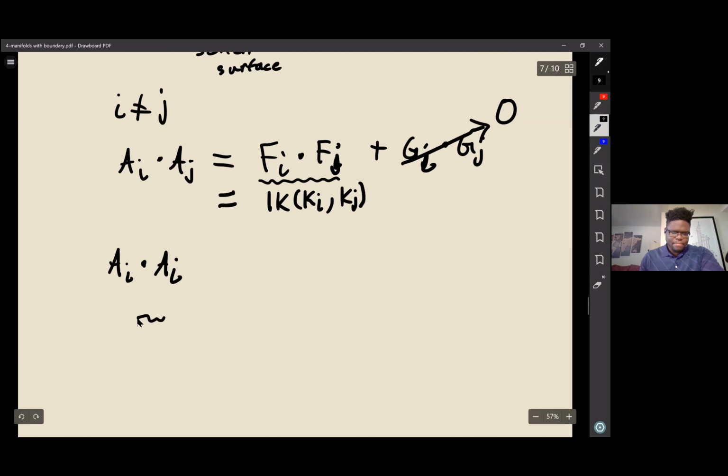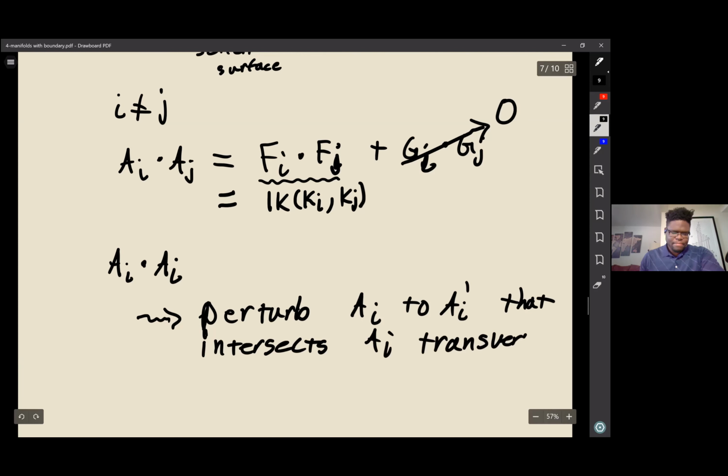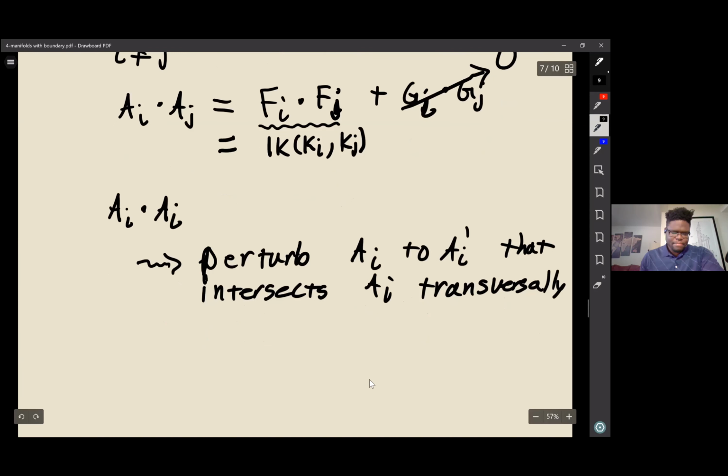So what we need to do is perturb A_i to some isotopic copy A_i prime that intersects A_i transversely, and so we can push G_i off of D^2 times 0.